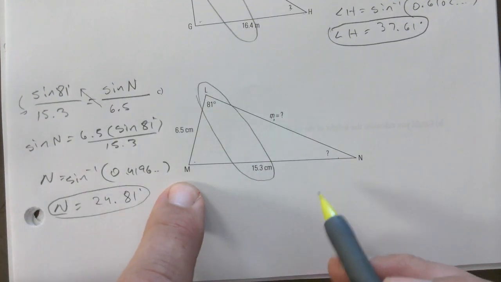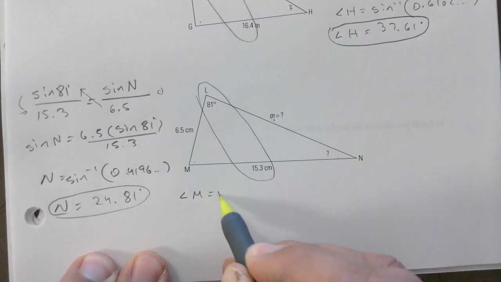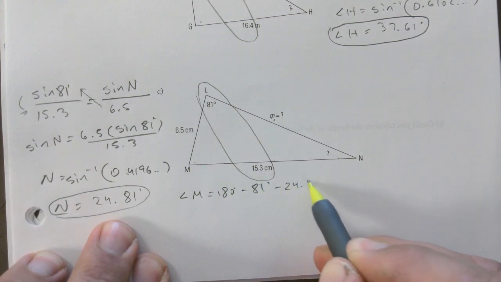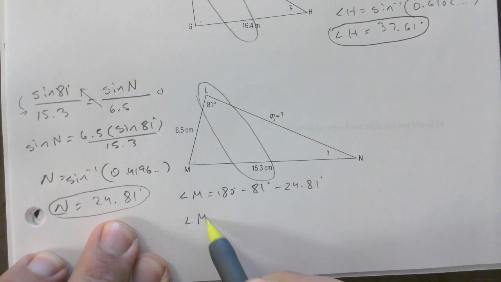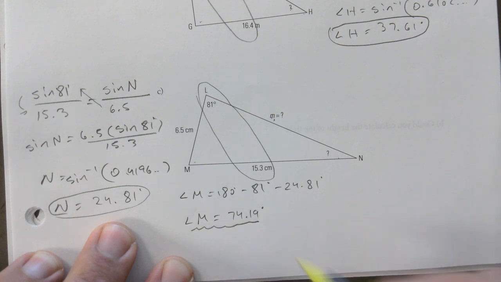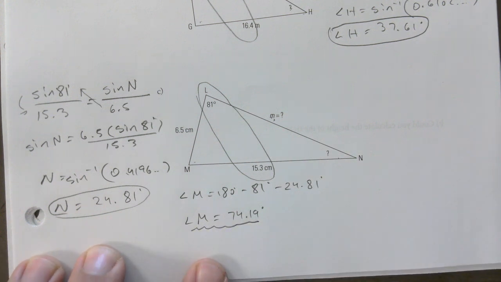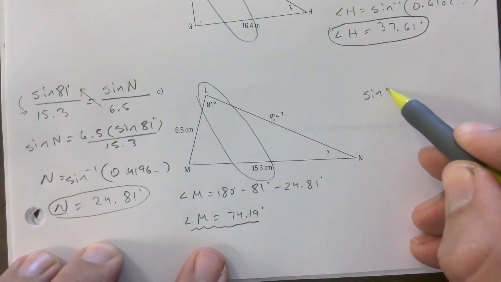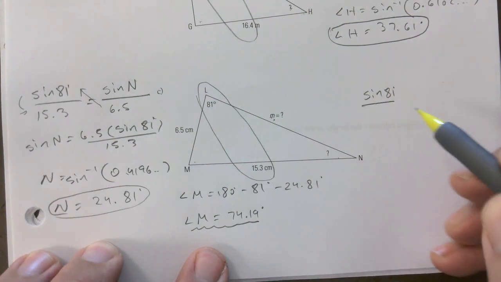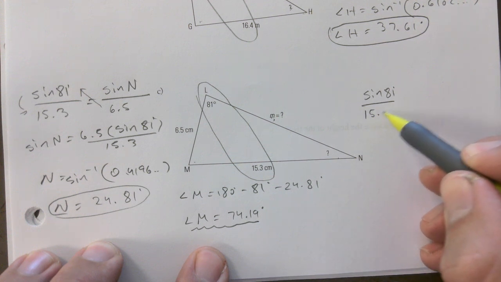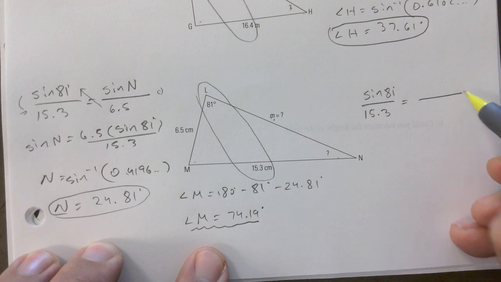Now I can find angle M, right, by just subtracting. Angle M is 74.19 degrees. Underline that, don't circle it because it's not really what they're asking you to find. But I'm going to start with my pair again. 15.3 on this side.